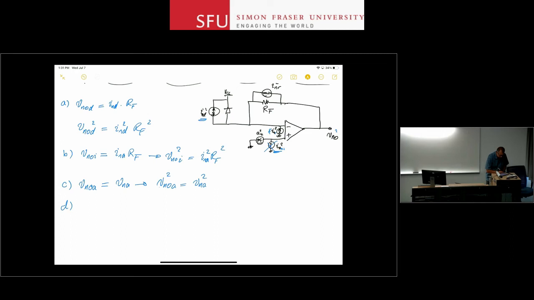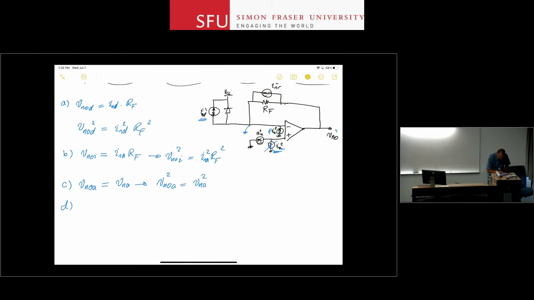And finally, the effect of the noise from your current source in parallel with your RF. Again, I zero all the other sources here. If that's the case, I will have a virtual ground at this node, and the voltage produced at the output is just this current times RF. You could have used the voltage source in series with RF, and in that case, because the current in the loop is 0, you could have seen that that voltage shows up directly at the output.